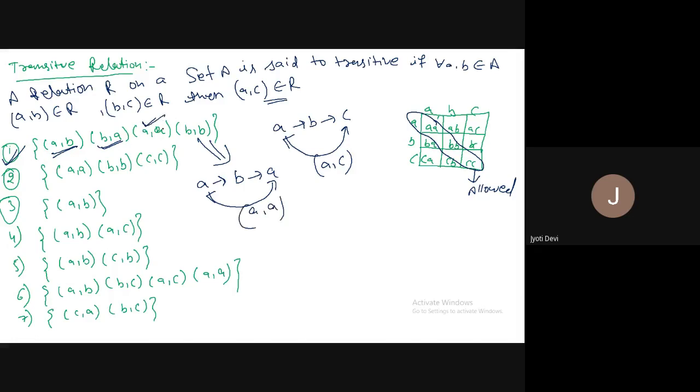Yes, (a, a) is present, and (b, b) is also present, so the diagonal elements are automatically there. Or you can do it like this: b to b and b to a, then you search for (b, a). Is (b, a) present? Yes, it is present. So this relation is a transitive relation.